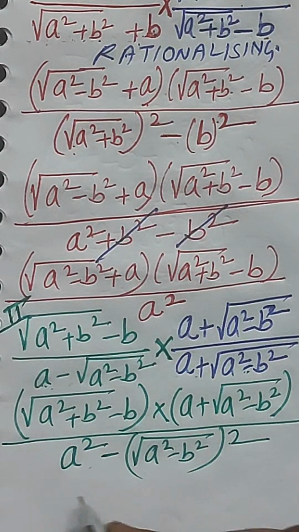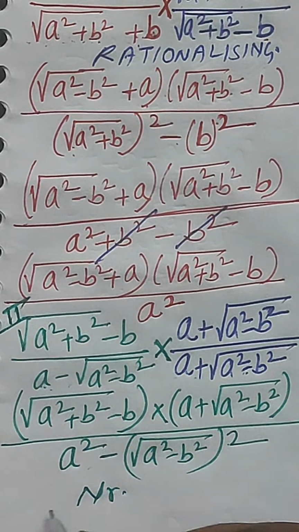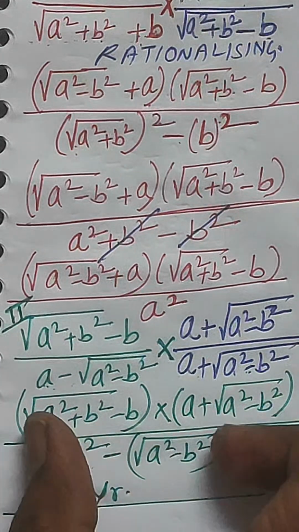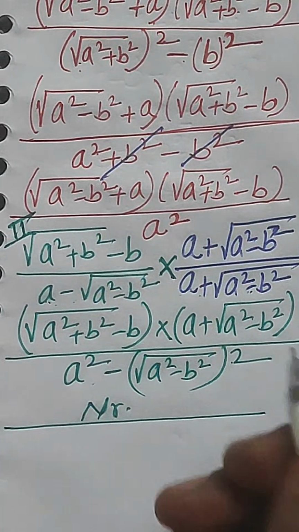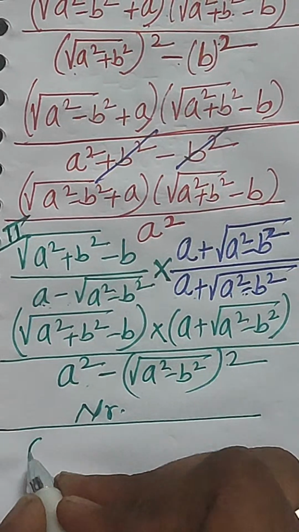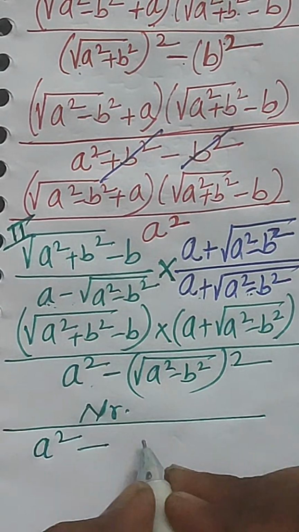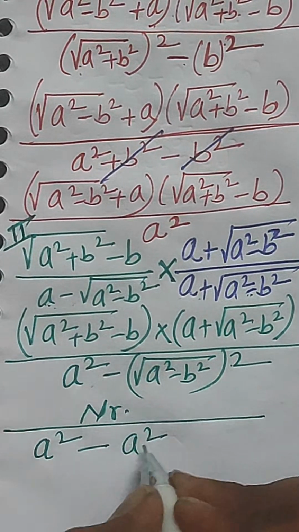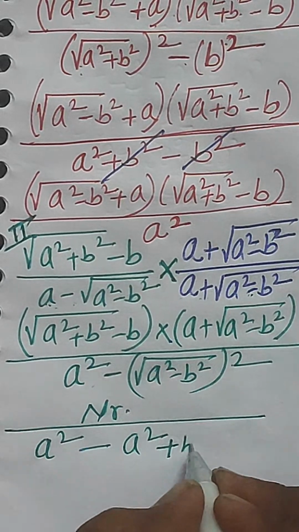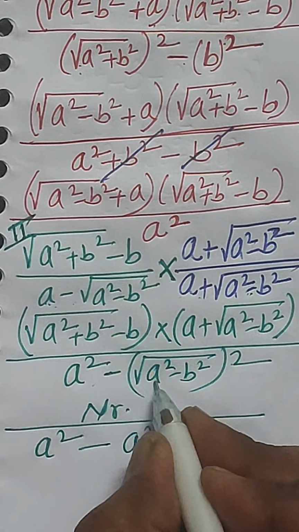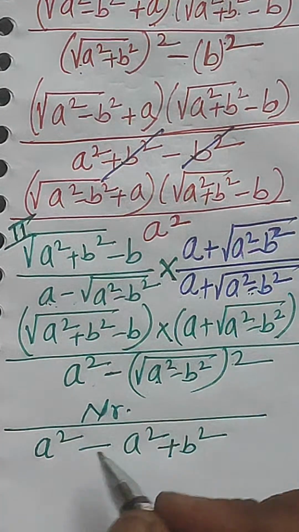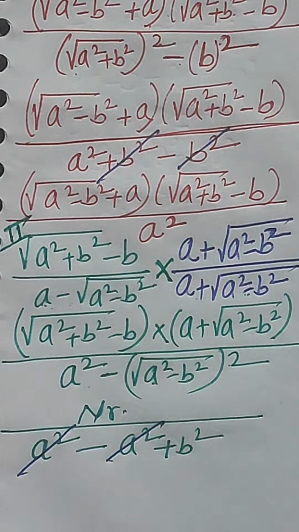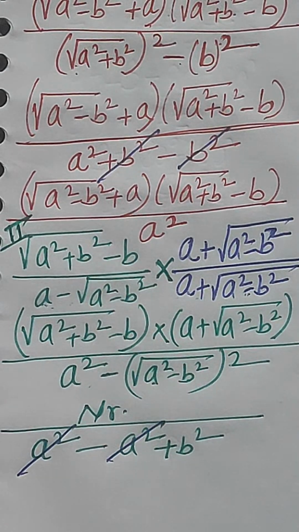So this will give you, write the numerator as it is divided by, this will be the product, I'm not repeating it again, right? This is divided by, here writing the denominator a square minus a square plus b square, because this minus will be multiplying with a square and b square, so this will be happening. So here you can see that in the denominator a square and a square will be cancelled out, right?